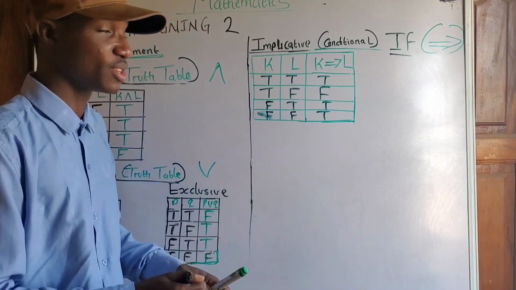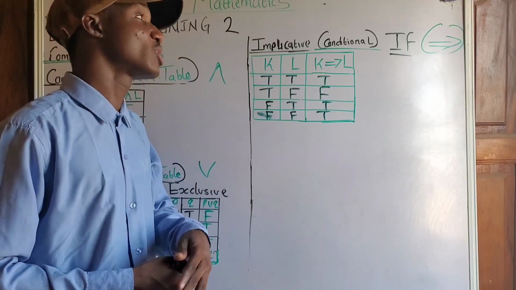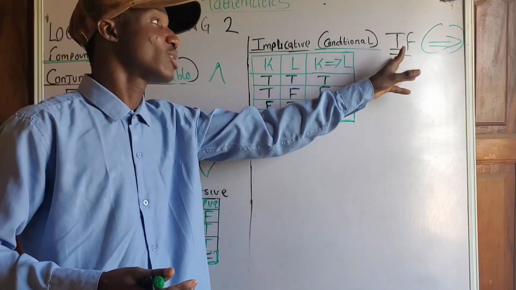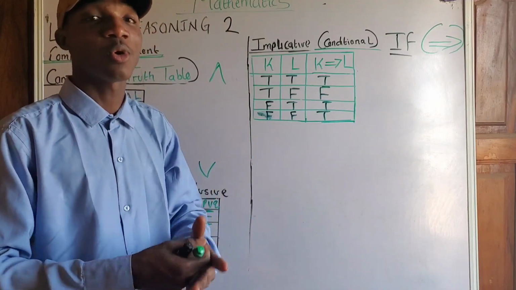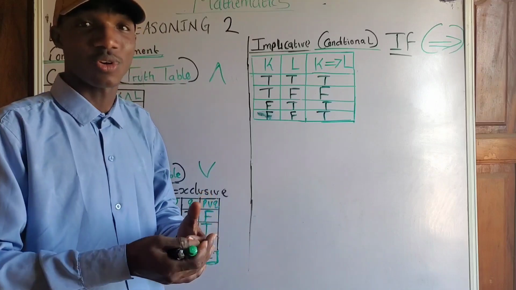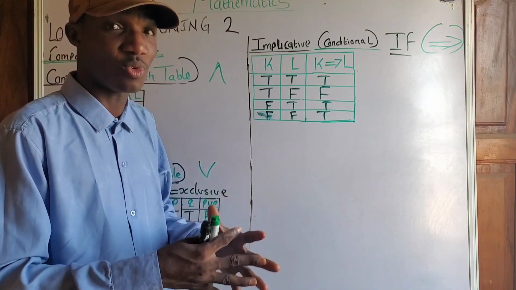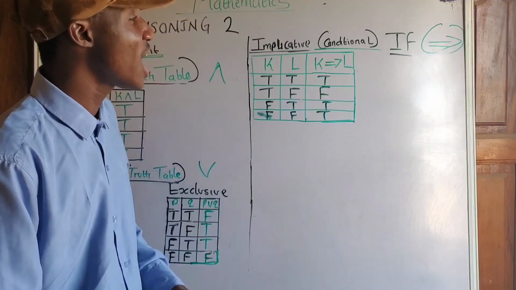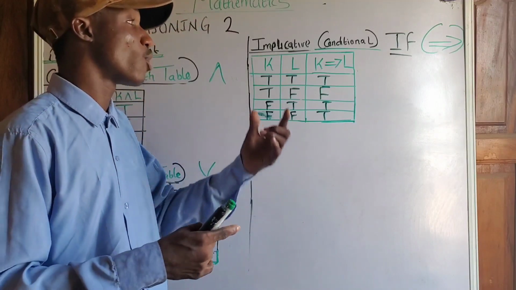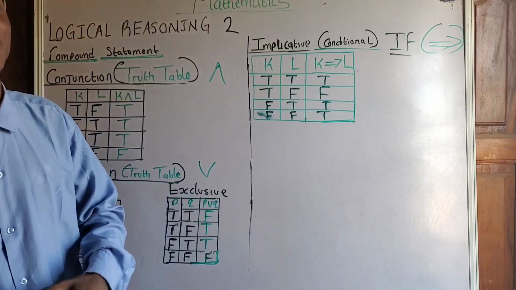So please pay attention. The reason why I'm emphasizing this is because you are going to need the knowledge of this to solve problems on tautology and other concepts in logic, especially those concepts dealing with the truth table. Are you paying attention? So we only have a conclusion that is false in conditional statements whenever the first statement is true and the second statement is false.